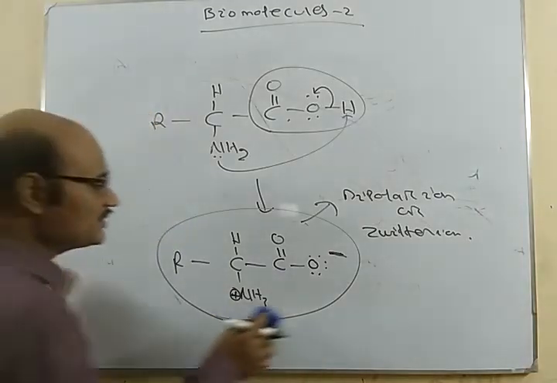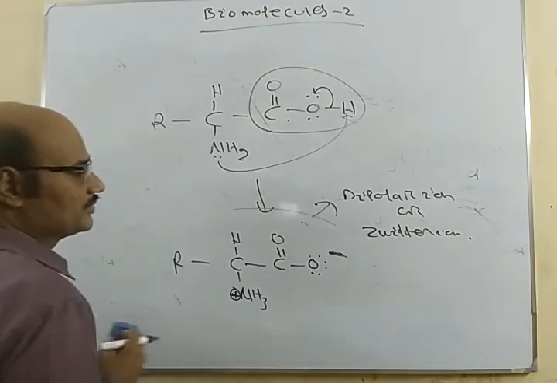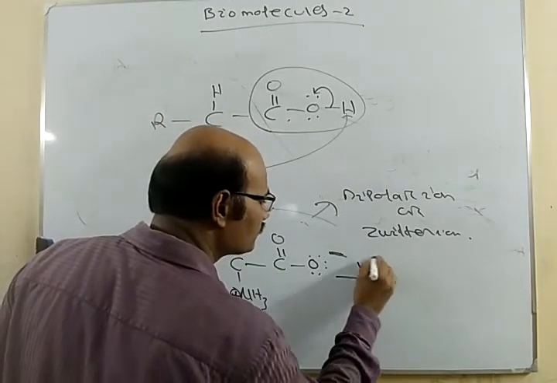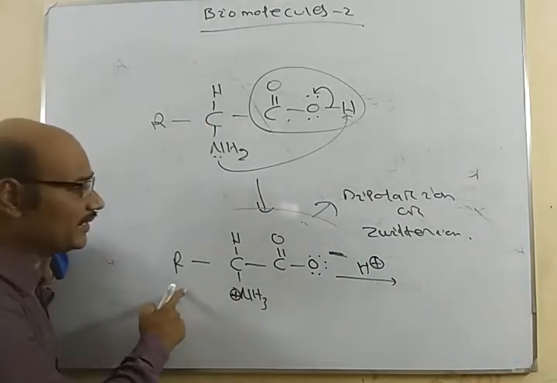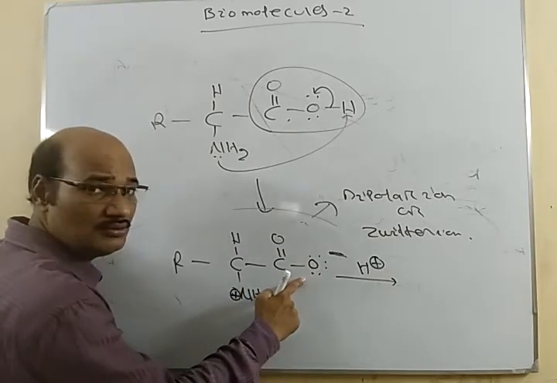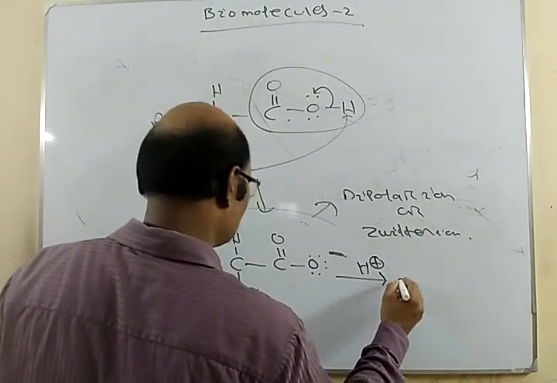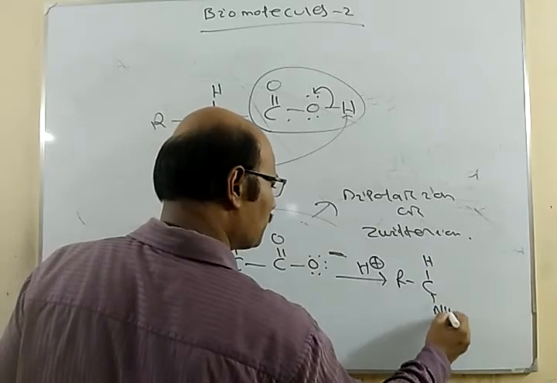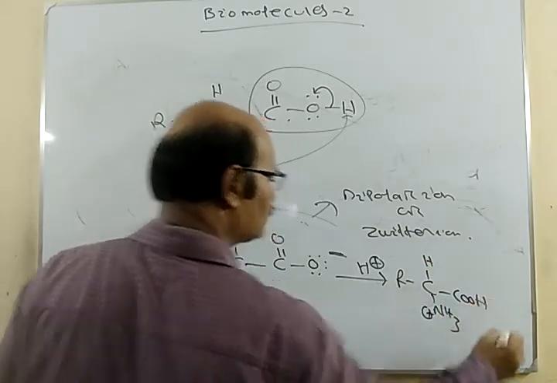Now see this molecule. If I put it in an acidic medium, what happens? This COO minus will receive the proton and we get R, CH, NH3 plus, COOH.